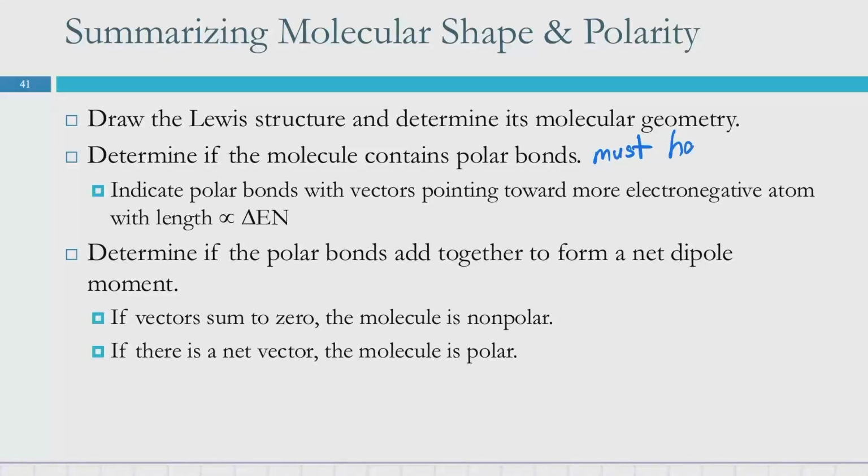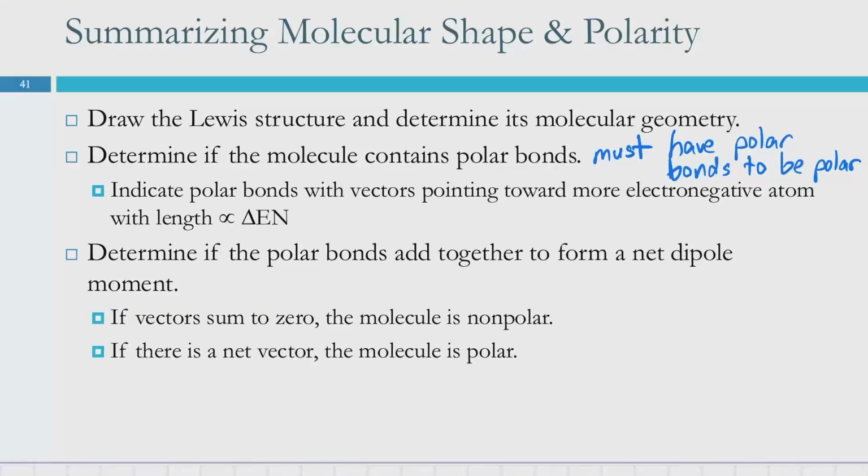It must have polar bonds to be polar. So if you do your electronegativity calculations with your yellow sheet or with values that are provided and there's no polar bonds, then you can just stop there and say it's not polar because it doesn't have sufficient difference in electronegativity.